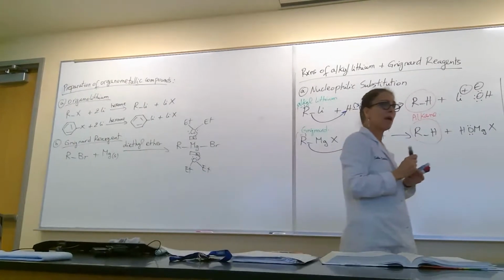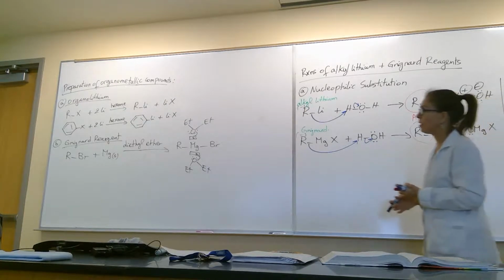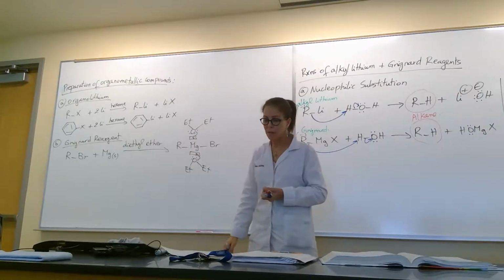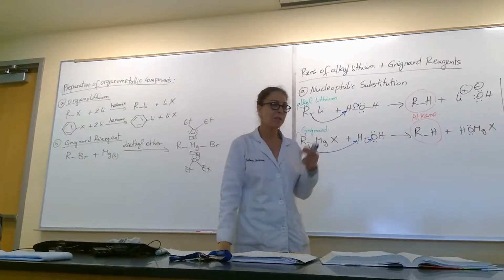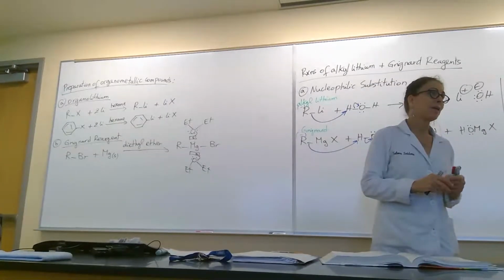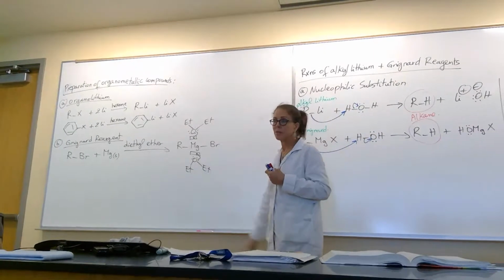So it's sitting there and doesn't attach to anything else. This is like a complex between the magnesium and the ether. The solvent kind of docks onto the magnesium so that it doesn't take any water or anything. So that's a Grignard reagent.